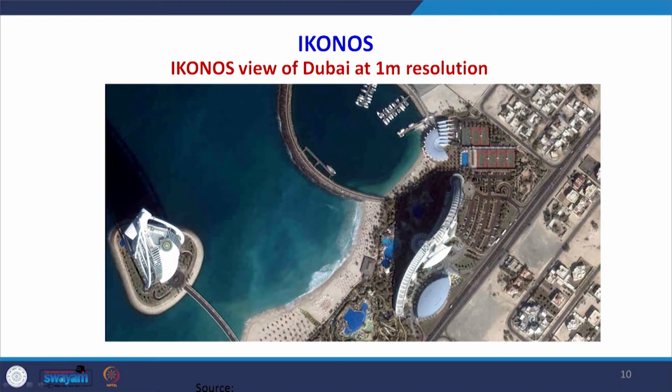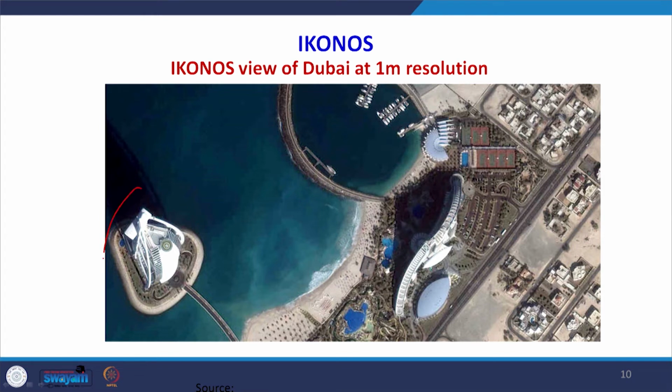So these images are very useful for carrying out utility mapping. Then you can identify various features on the ground and prepare various thematic maps. You can also create topographical maps. This is the Ikonos data at 1 meter resolution of the Dubai area.